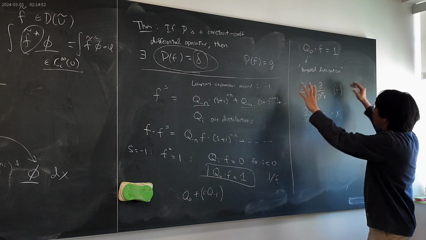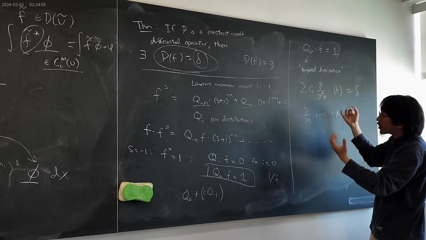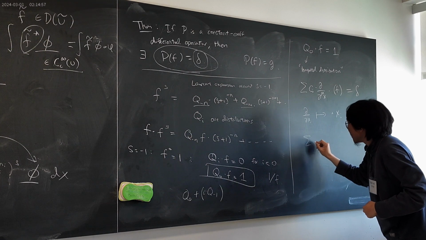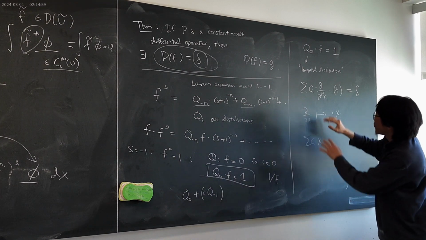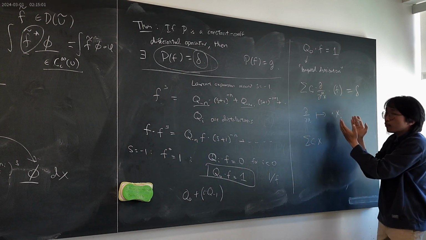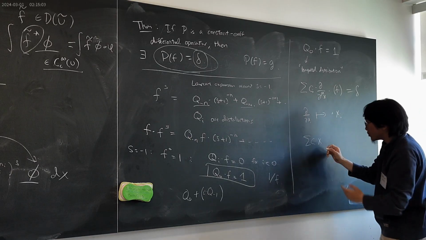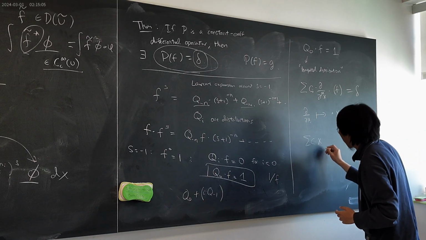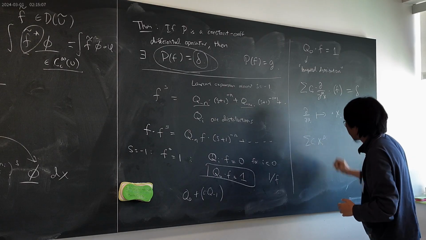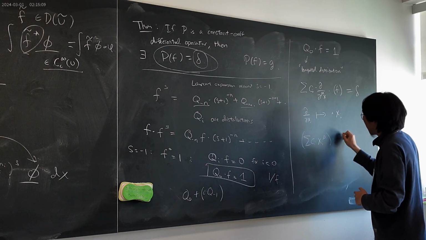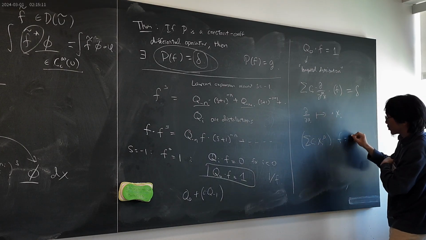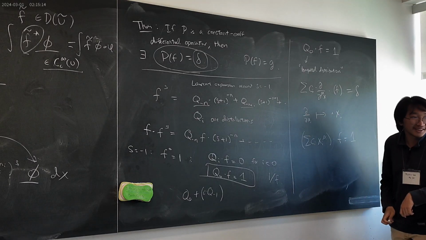So if you took this equation and took the Fourier transform, now these operators instead become multiplication by polynomials. So it's actually multiplication by a polynomial, which let's say ui times f is equal to the Fourier transform of the right delta function, which is 1.